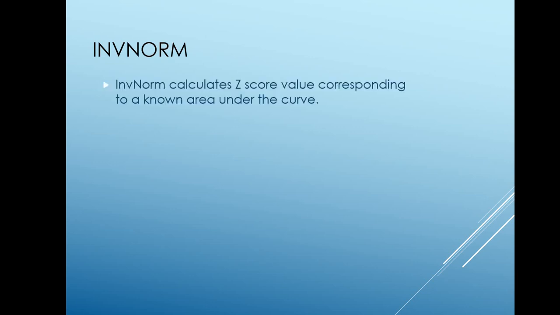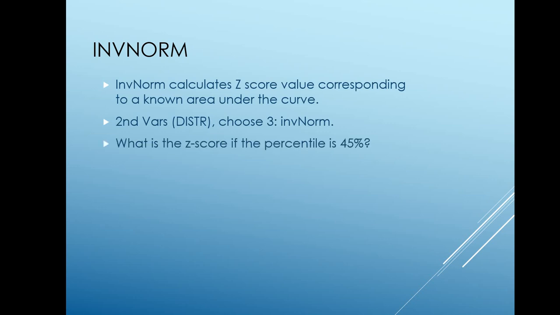All right, so next, what if we want to go backwards? What if we're given a percent and we want to know what the z-score is? So let's try this with a given percent. Let's do 45%.